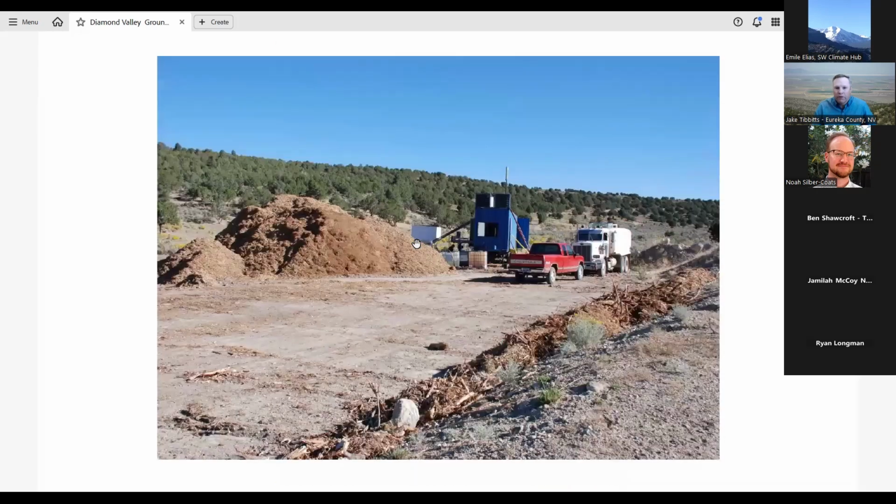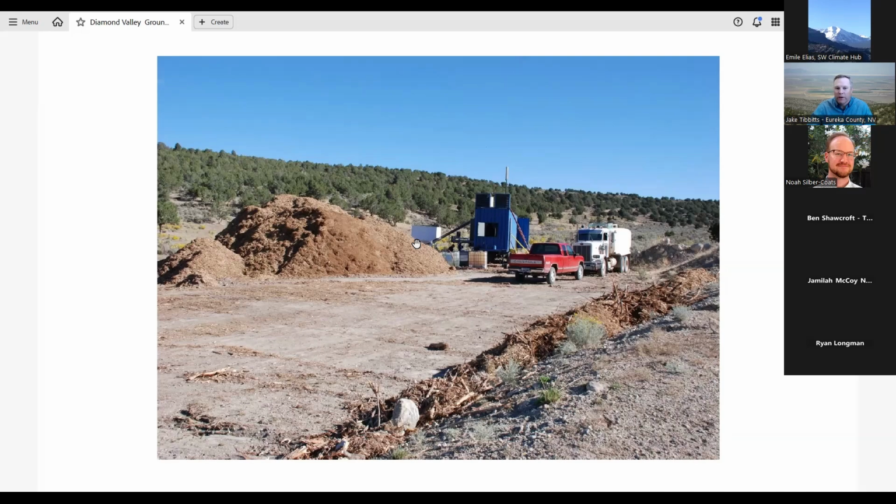But part of our effort too is looking at these habitat projects where we have done quite a bit of pinyon and juniper woodland management and thinning and removal, especially where the trees are encroaching into sagebrush habitat. And we started trying to look at it in a more holistic manner, looking at that as a resource that we could maybe implement in some of our water savings efforts in Diamond Valley.